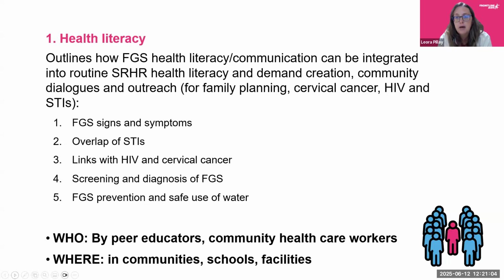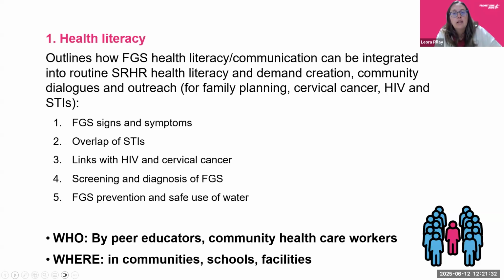You would also speak about the overlap that FGS symptoms have with STIs and the links that FGS potentially has with HIV and cervical cancer, so that the woman is aware when talking about her sexual and reproductive health with this community outreach worker about all the risks that she may face, including a risk for FGS, which could increase her risks for HIV and cervical cancer.